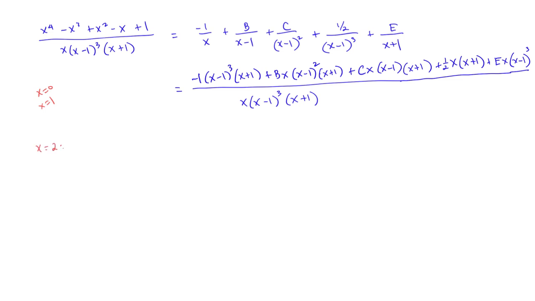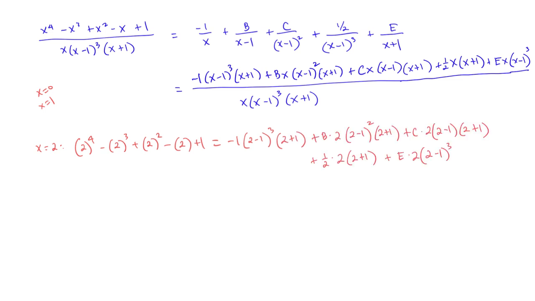So we plug in x equals 2 to the left-hand side, and 2, the same number 2, to the right-hand side. The two numerators must be the same.